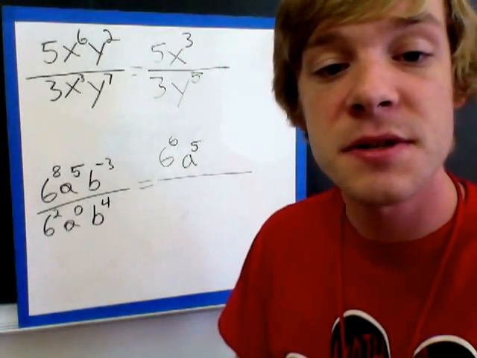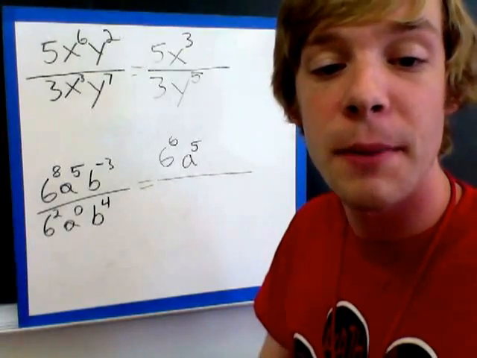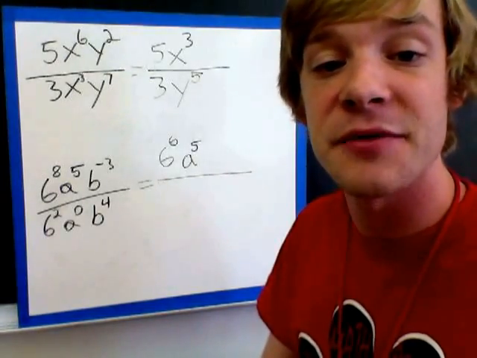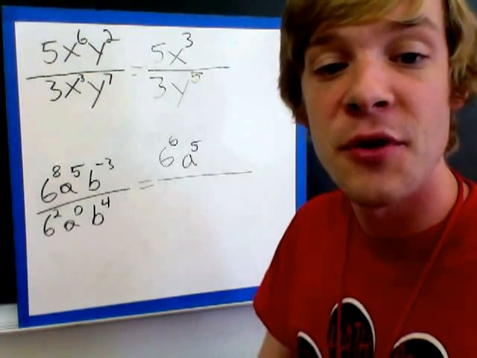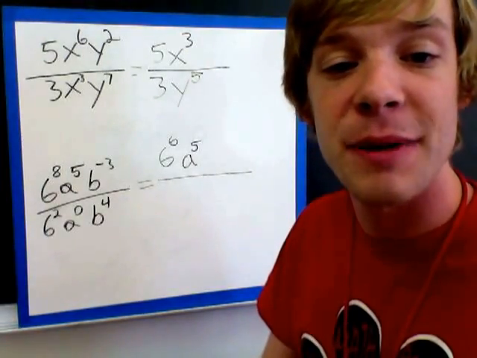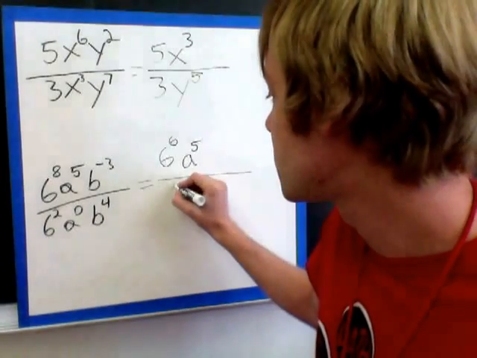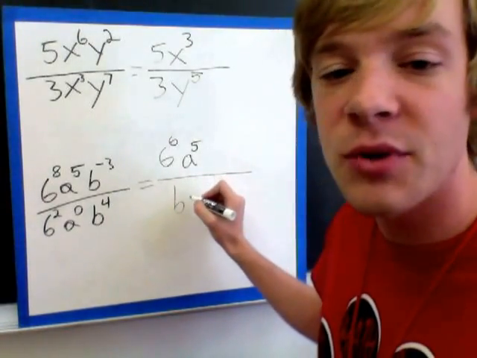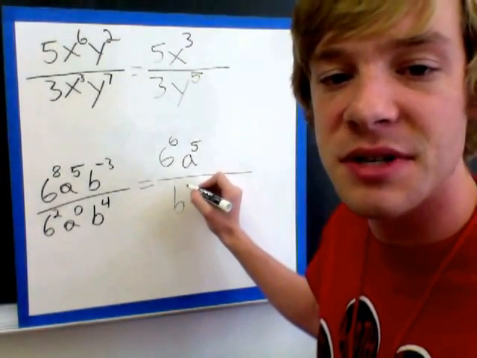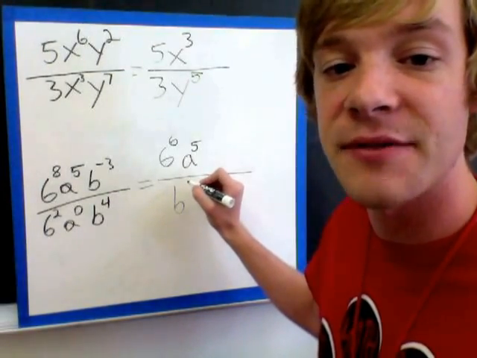With the b's, we have -3 and +4. Well, a positive number is going to be bigger than a negative number, so I'm going to have 4 minus -3 for my power of b. So let's write our b in the denominator. And I'm going to actually write this out because this one, since it involves a negative, is going to be a little different. So I'm going to have 4 minus -3.